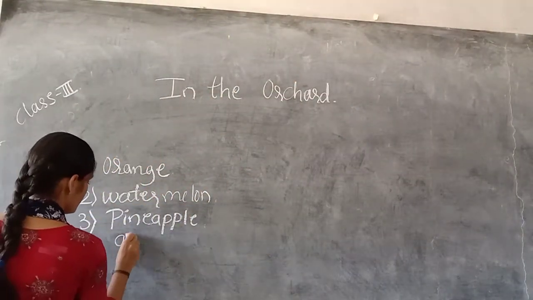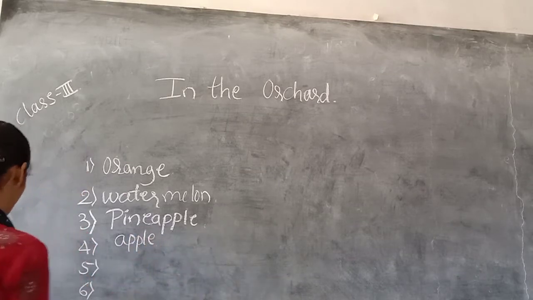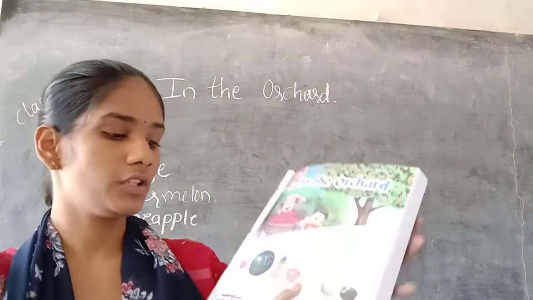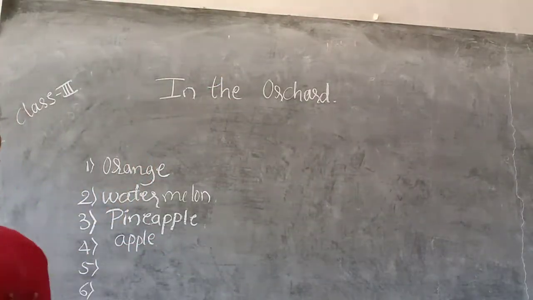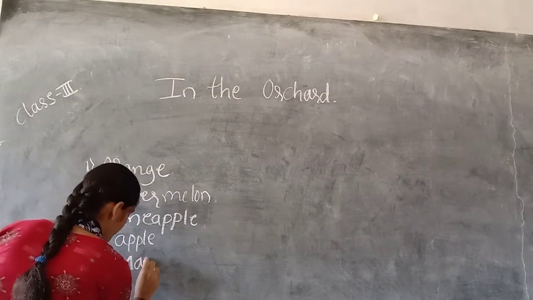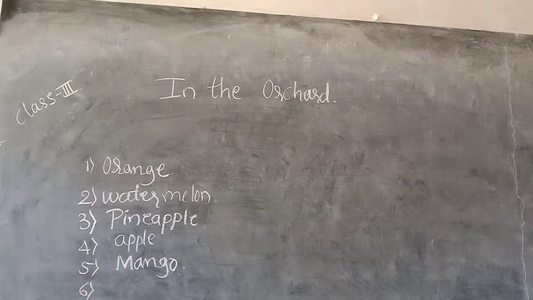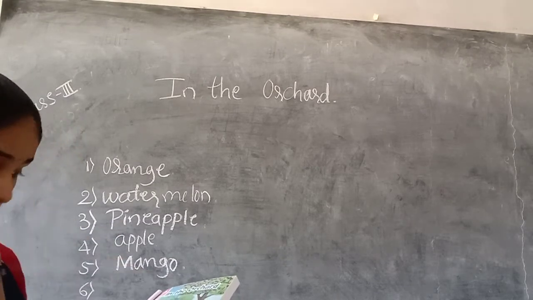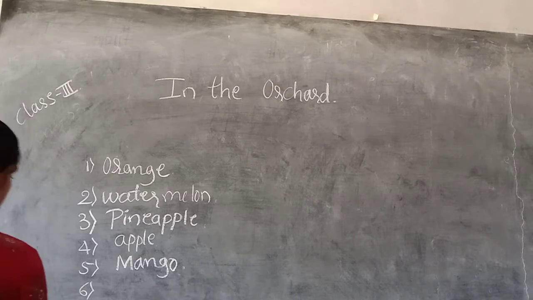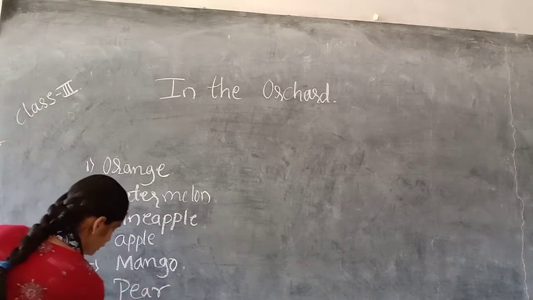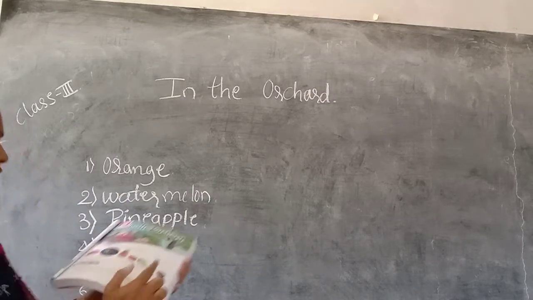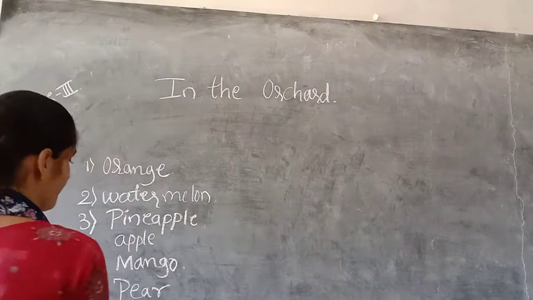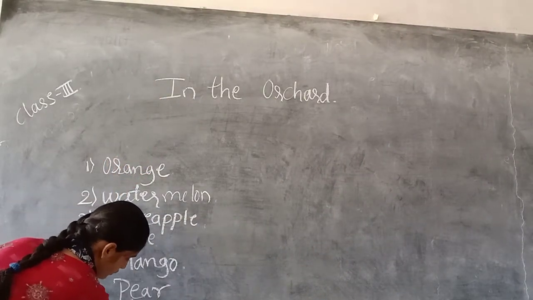The fifth picture is of mango. Have you seen the fruit pear? Yes, this fruit is known as pear. The last fruit is known as plum.